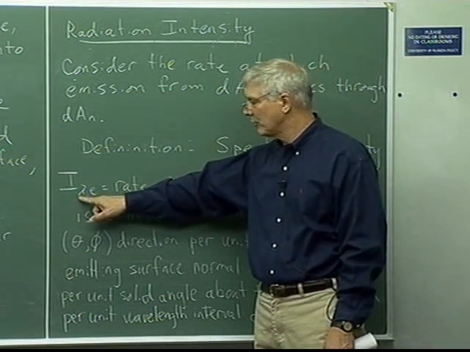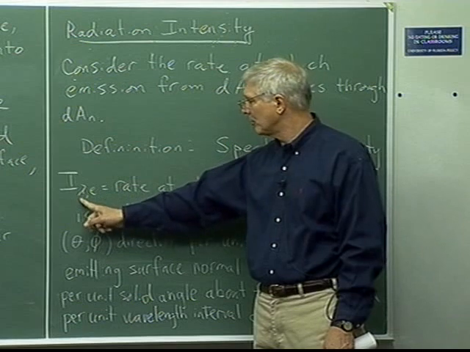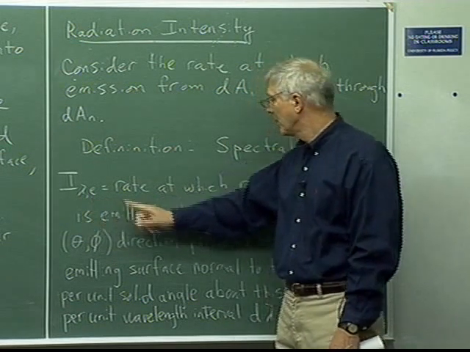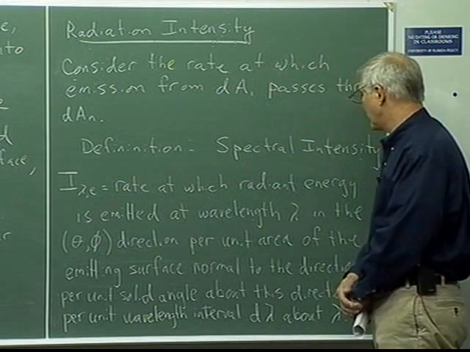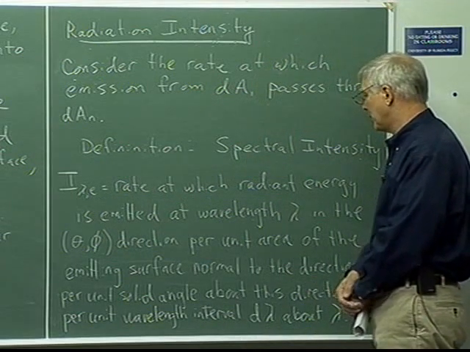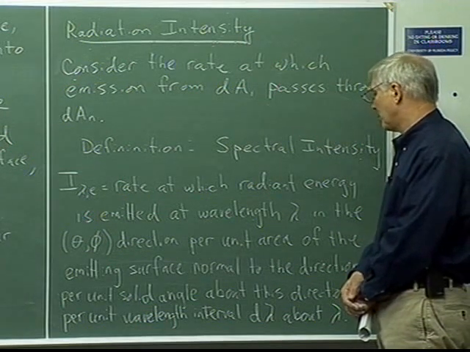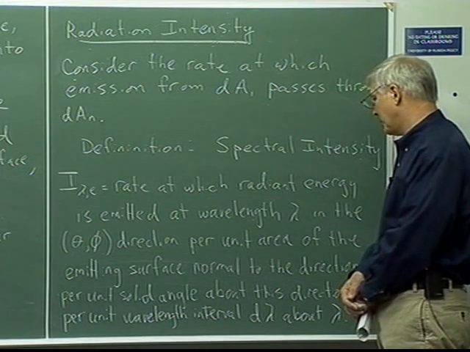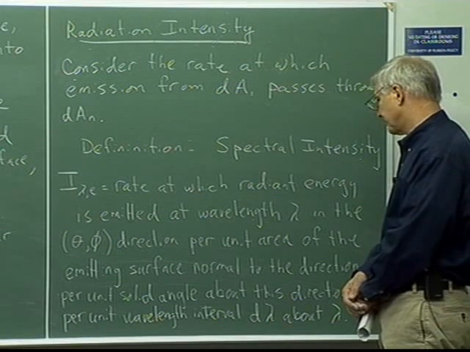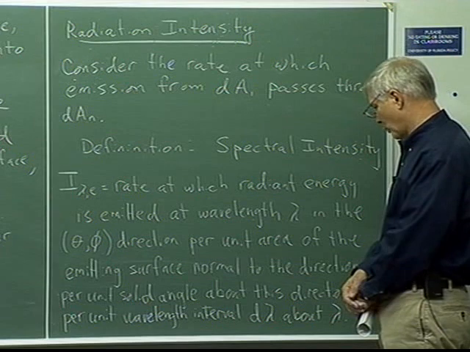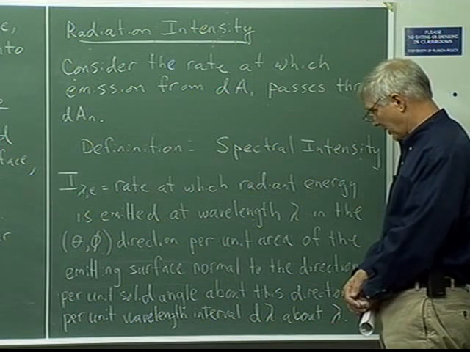So we put the subscript lambda here to show that it's a spectral intensity, and the E stands for emitted radiation. And that's the rate at which radiant energy is emitted at wavelength lambda in the theta phi direction per unit area of the emitting surface normal to the direction, per unit solid angle about this direction, and per unit wavelength interval d lambda about lambda.